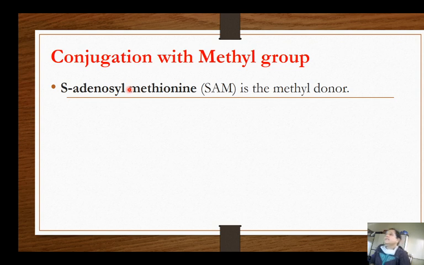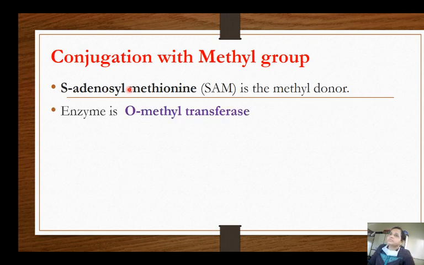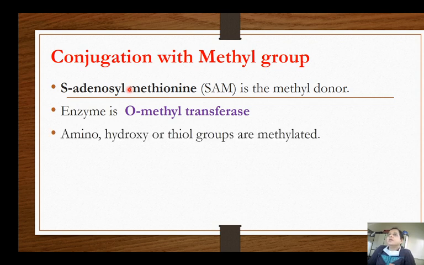In any reaction where a methyl donor is required, S-adenosyl methionine acts as the methyl donor. The enzyme involved in this reaction is O-methyl transferase. The groups that are methylated are amino groups, hydroxy groups, and thiol groups.